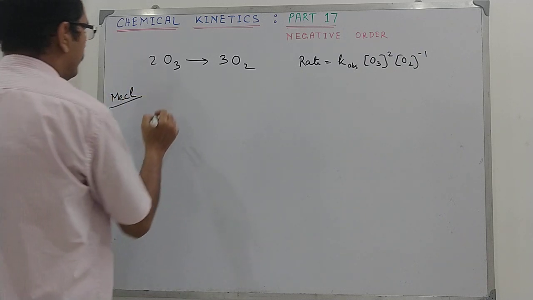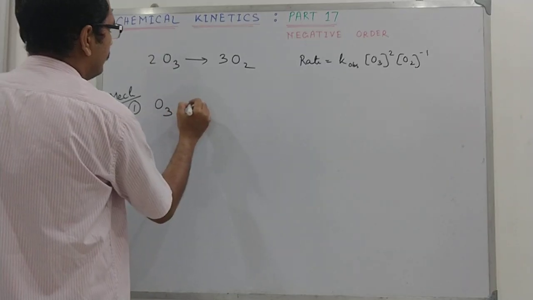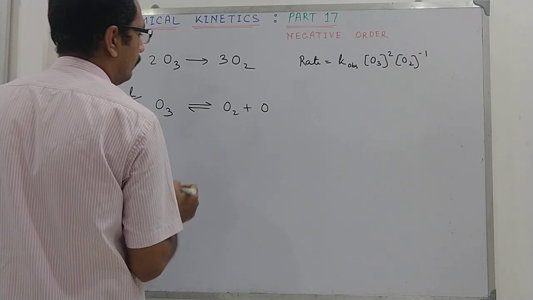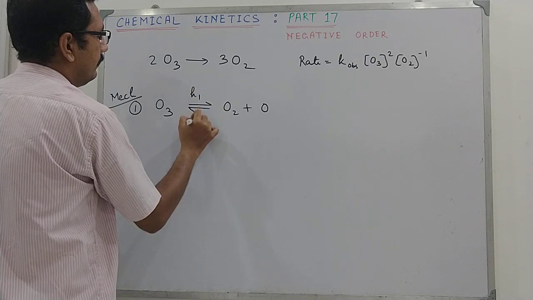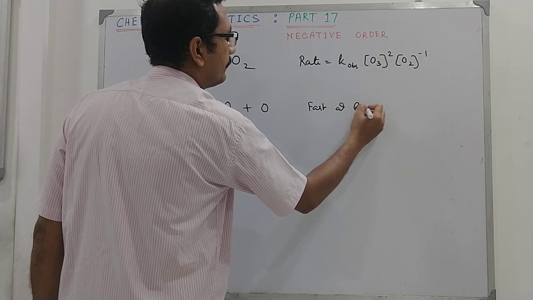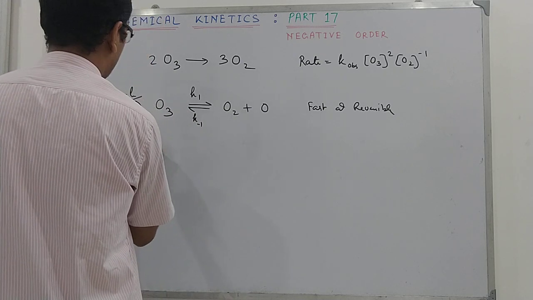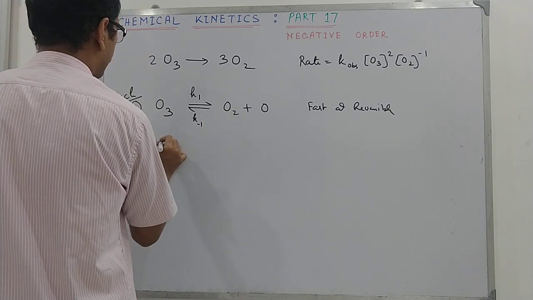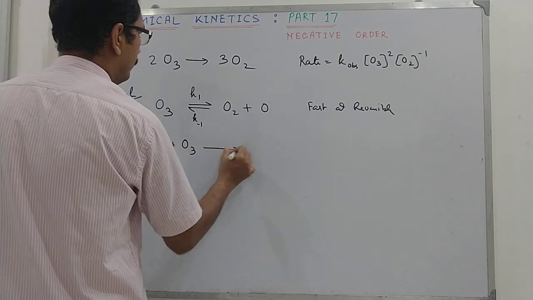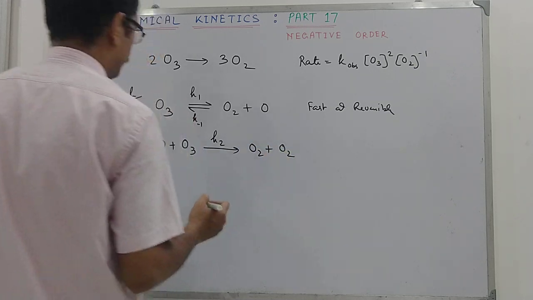Now a mechanism has been projected. In step 1 we have O3 decomposing into O2 and O. This is K1, this is K minus 1. Now this is fast and reversible. In the next step we have this O reacting with another O3 molecule to give O2 and O2.